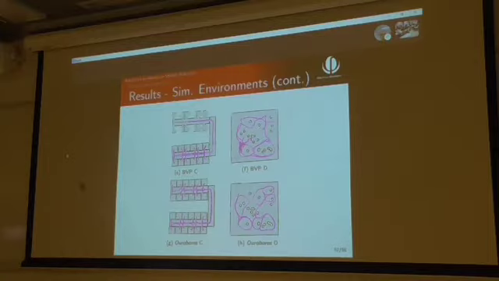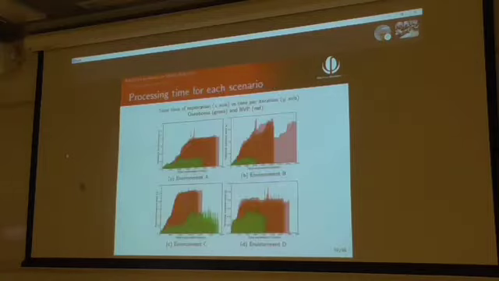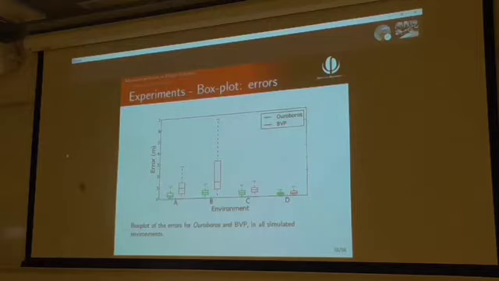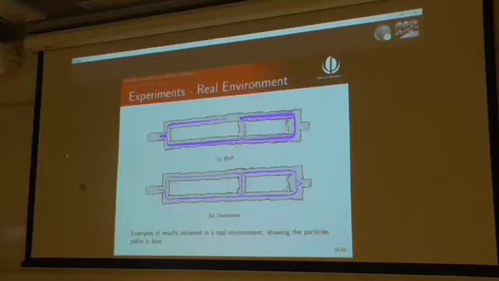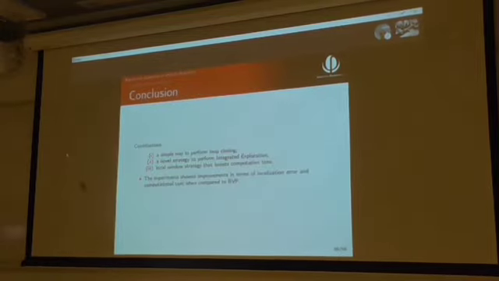Okay. Here are our results, just showing that our approach is much faster, because potential field must compute in every cell, and our approach does not. And here's an example in our building, and using the loop closure approach, we obtain better maps.